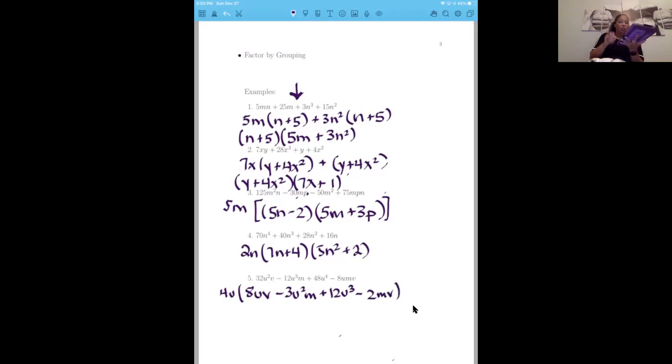All right, and what I'm going to do, I'm going to reorder this so that I can factor out an m from the last 2 terms. So 8uv plus 12u cubed minus 3u squared m minus 2mv.